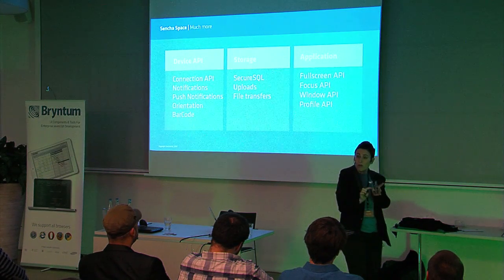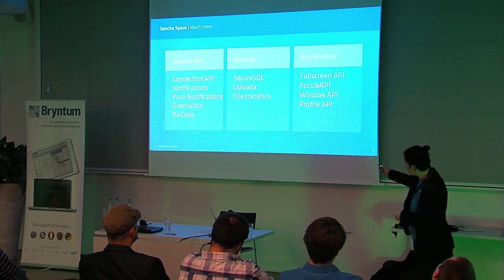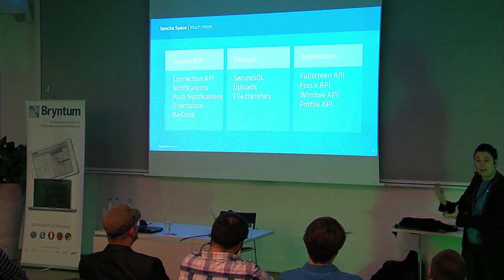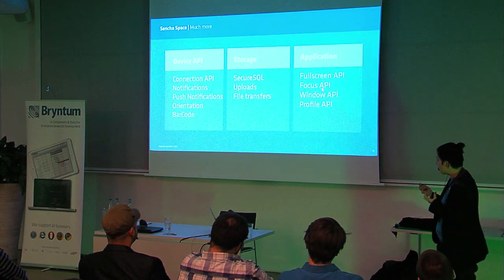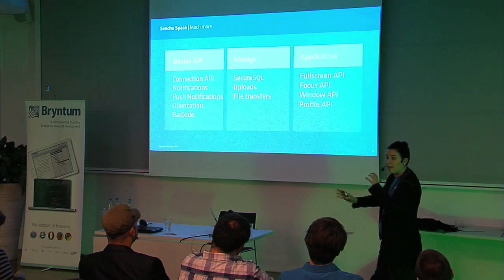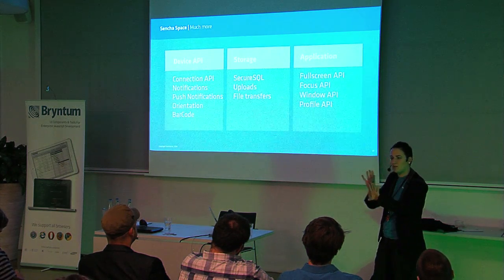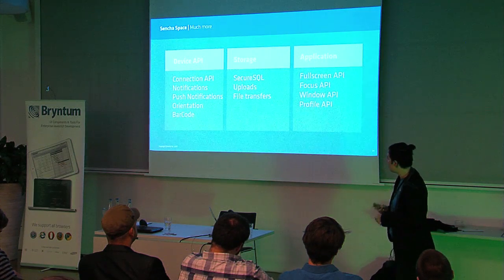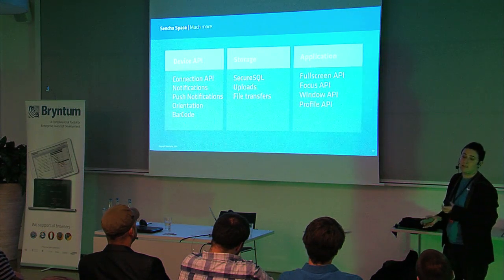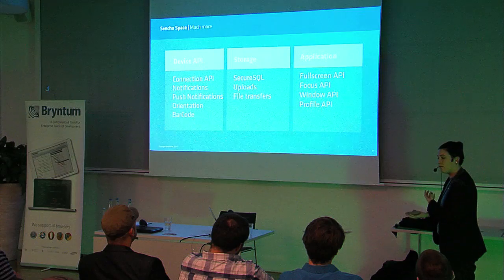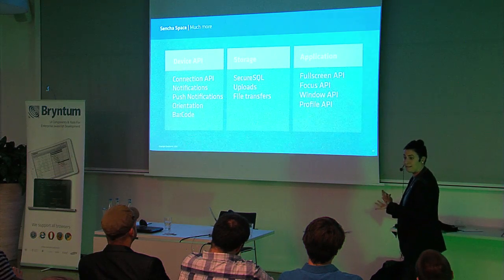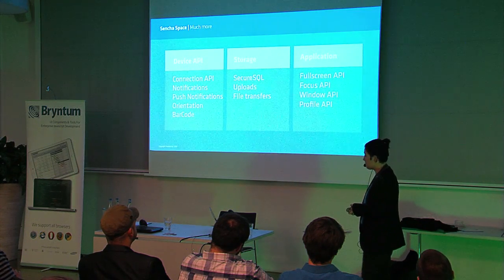So I can control other windows, and control the full screen mode so I can make the app full screen. I can control the focus API, so I can tell which app in Sencha Space needs to be in the foreground and which in the background. I can also get access to the profile of the user himself, so I can see who is connecting and where.